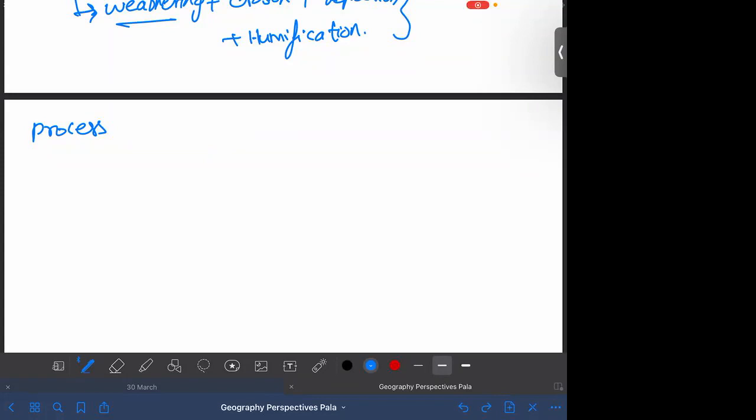Okay, so eluviation refers to mechanical downwashing of particles in suspended form, along with water percolating downwards.